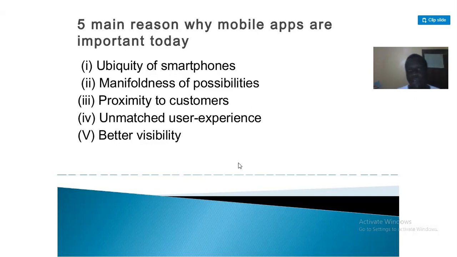Proximity to customers. That's the thing with mobile phones. Nowadays, for example, if you're going to buy things from Jumia, the way it works, you order online, you order through your mobile phone. Nowadays, they have the app, and I think with the app, they have been able to access more people than when it was only accessed online.